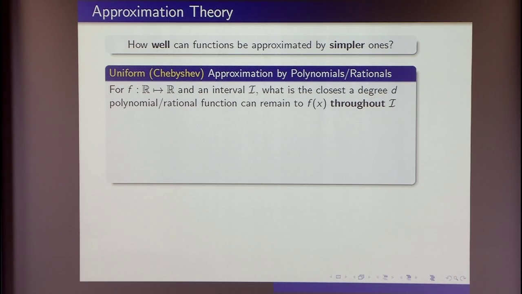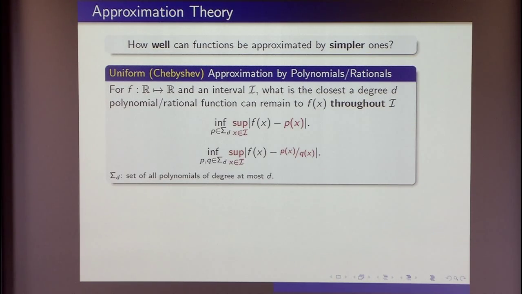Such approximations are called uniform approximations, and this area was started by Chebyshev more than 150 years ago. They ask for approximations of given functions by polynomials when the degree is specified. So sigma d is just the set of all polynomials of degree at most d, and you're looking at the supremum of the error over the entire interval.